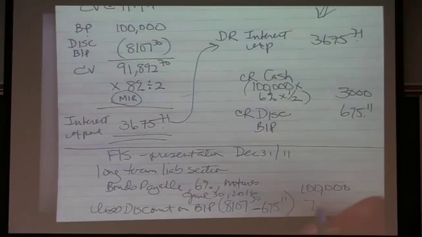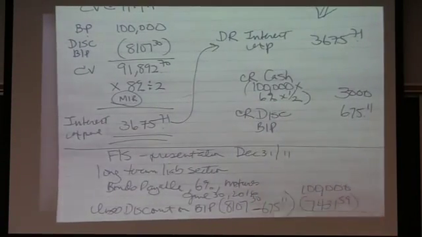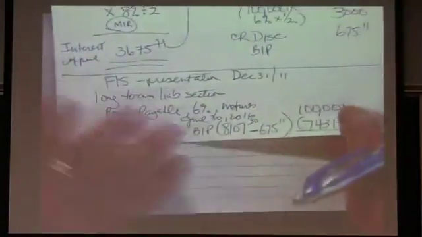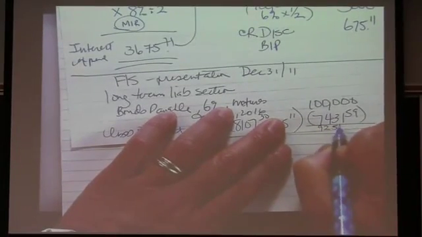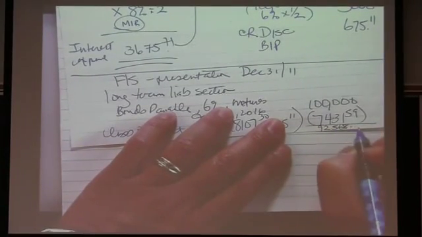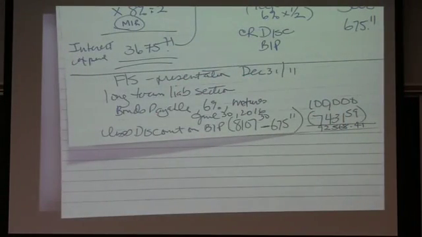And this is 7431.59. So our liability is 92,568.41. And you notice the liability is getting bigger, larger, higher. Okay?